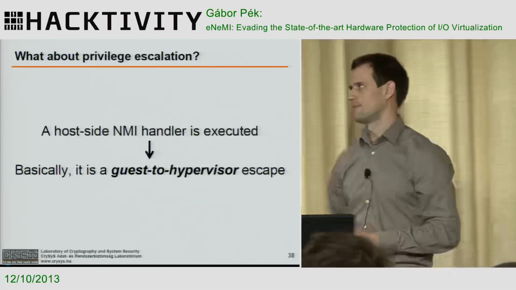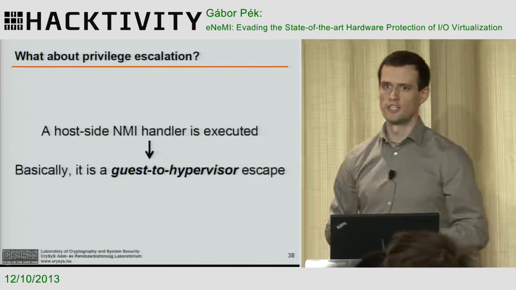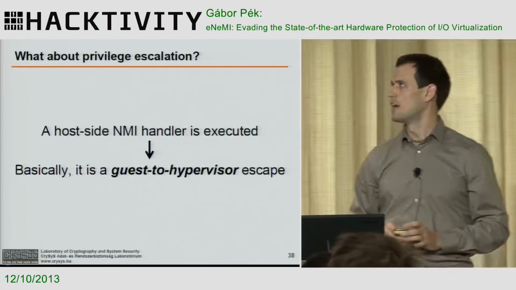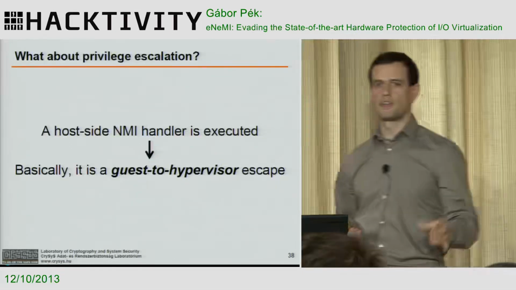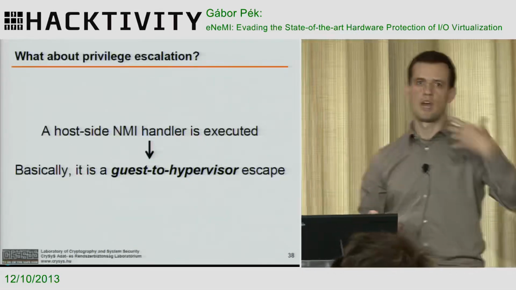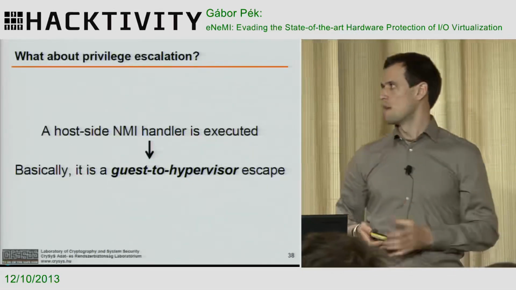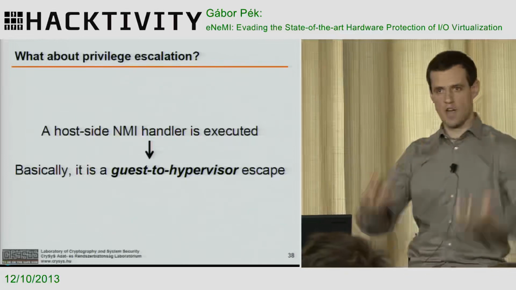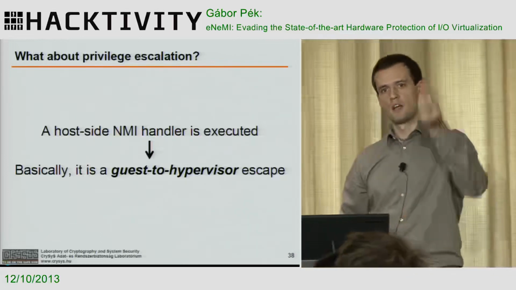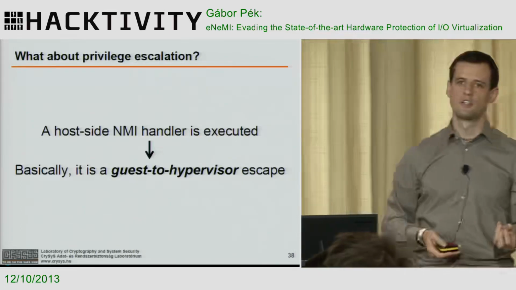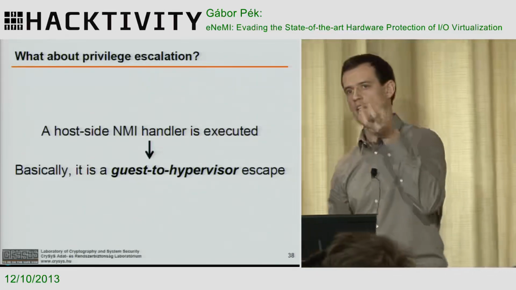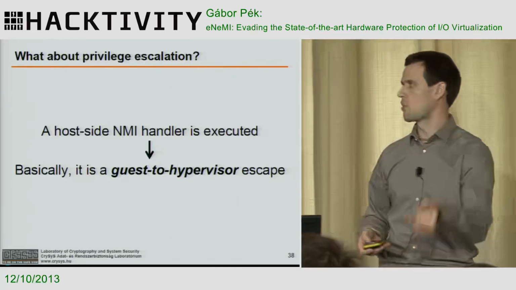And the third, what about privilege escalation? This is what everybody wants, right? For sure, the host-side non-maskable interrupt handler was invoked. Basically, this is a guest-to-hypervisor escape. But how can you control the attack? How can you really make it an exploit?